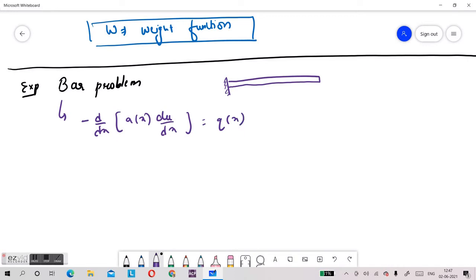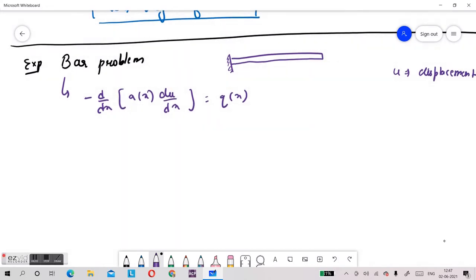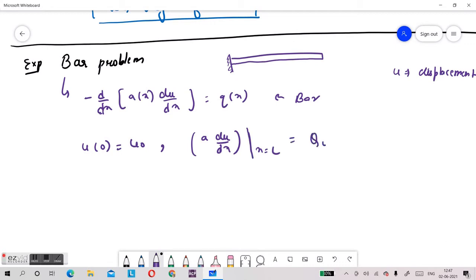Here u represents the displacement, and this is the differential equation for the bar. And u(0) equals u naught, and A du/dx at x equals L equals q naught. These are the boundary conditions.